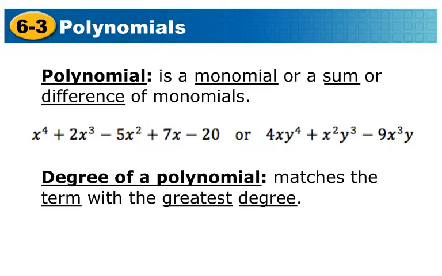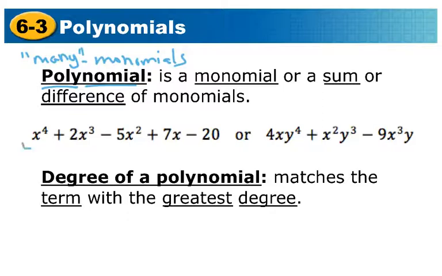So we've got some polynomials, poly meaning many, so many monomials. A polynomial is a monomial or a sum or difference of monomials. So multiple things being added or subtracted.